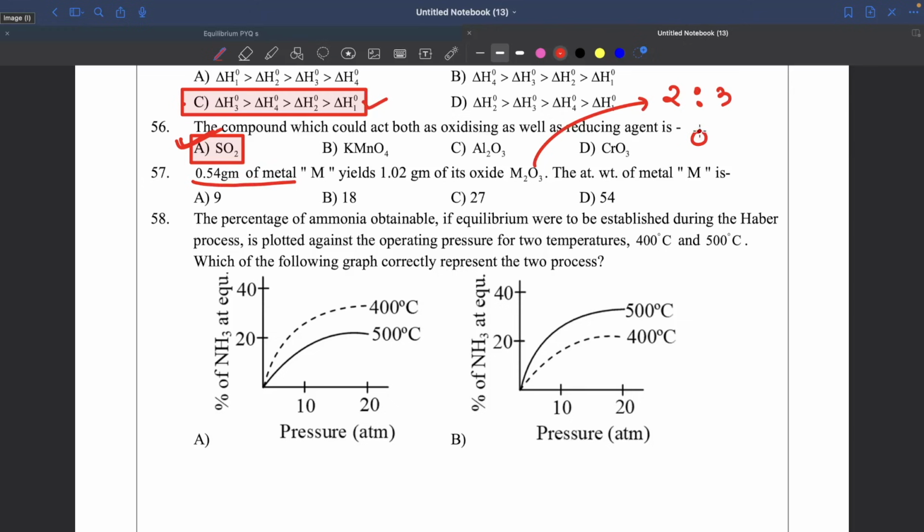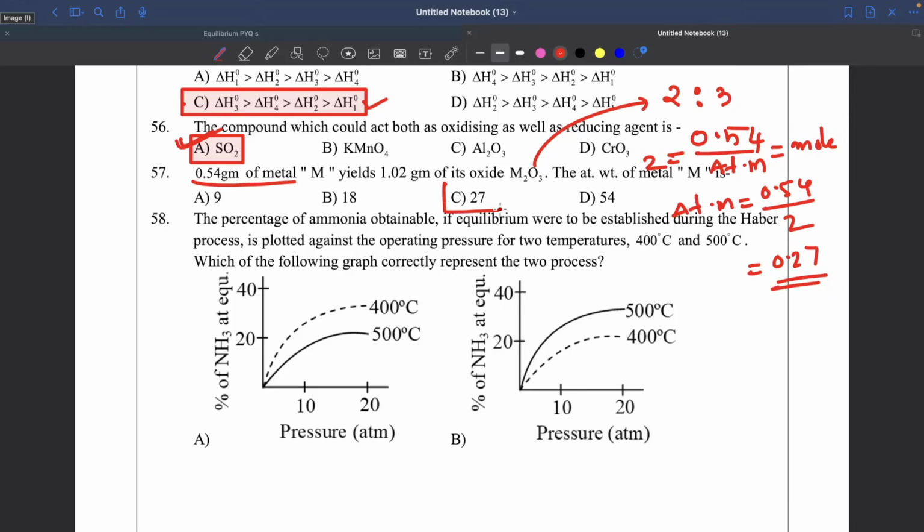So, that is 0.54 over atomic mass gives us the moles, but these moles are according to this ratio 2. So, from this atomic mass equals 0.54 by 2. So, this gives me 0.27, which is nothing but 27 grams per mole.